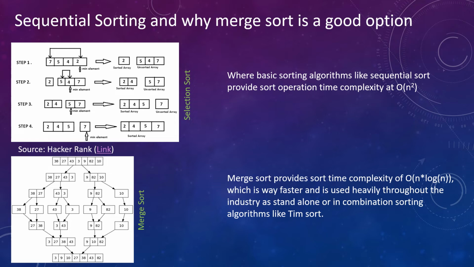This is because merge sort runs on a divide and conquer algorithm and divides the input array into multiple different operations and then performs them sequentially to come to an output, which gives us a much faster output for an unsorted array.